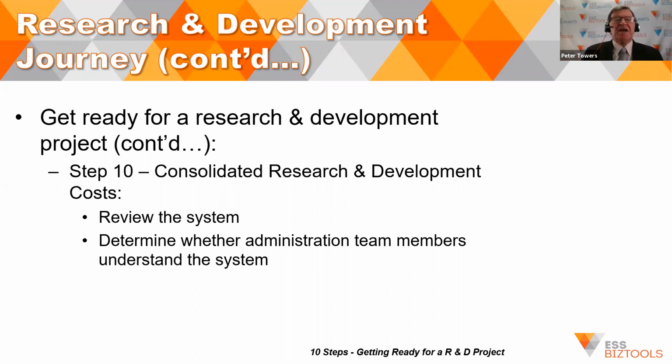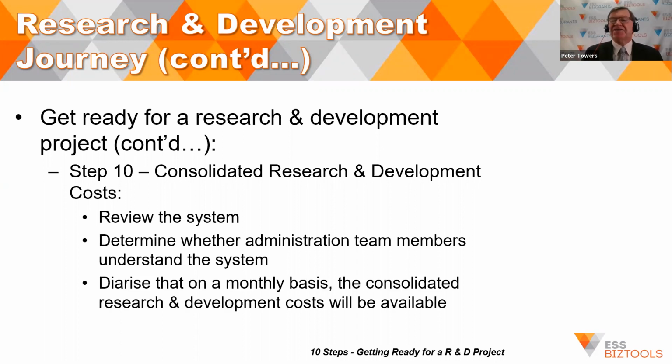And obviously that the admin people understand the system. Diarise that on a monthly basis, the consolidated research and development costs on projects will be available for the R&D manager and the R&D team to review and to submit a report through to the board of directors as to what a particular research and development project is costing, because that's very important.